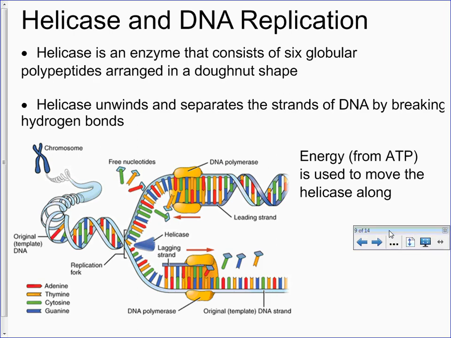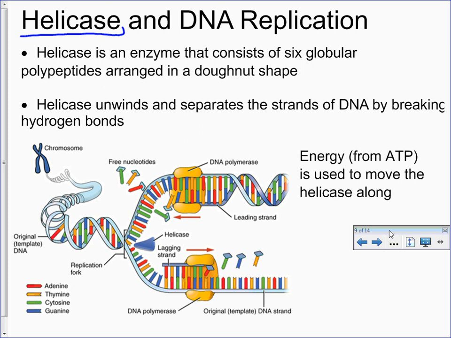So looking at how DNA replication happens through the use of enzymes, there are 2 enzymes that you will have to know, and what their role is in DNA replication. The first enzyme involved in DNA replication is an enzyme called helicase.